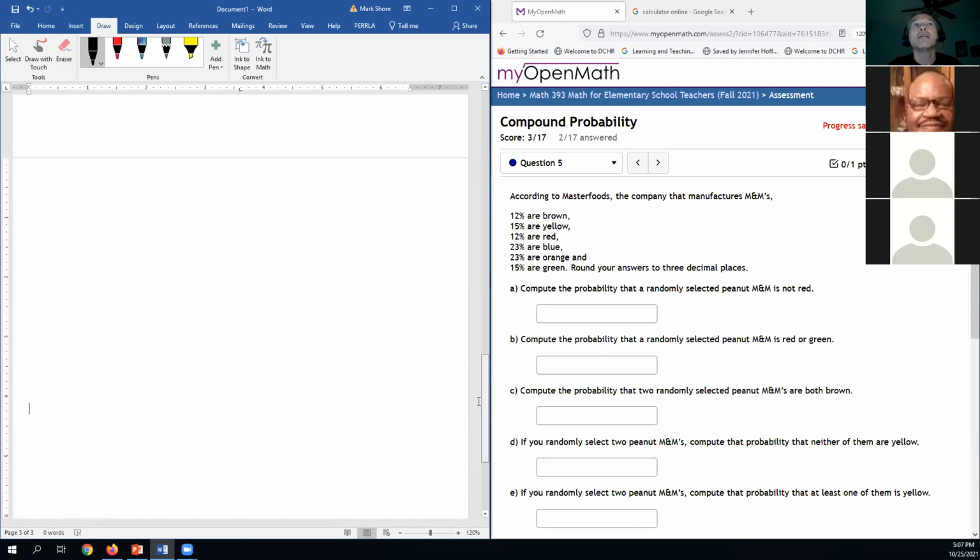Okay. So let's go ahead and do it here with question 5. So here on 5, it says about M&Ms, you know, the candy M&Ms. So it tells you what percentage are brown, yellow, red, blue, orange, and green. And let me tell you what, these numbers are assumed to be true for the billions of M&Ms, if not trillion of M&Ms that are made.